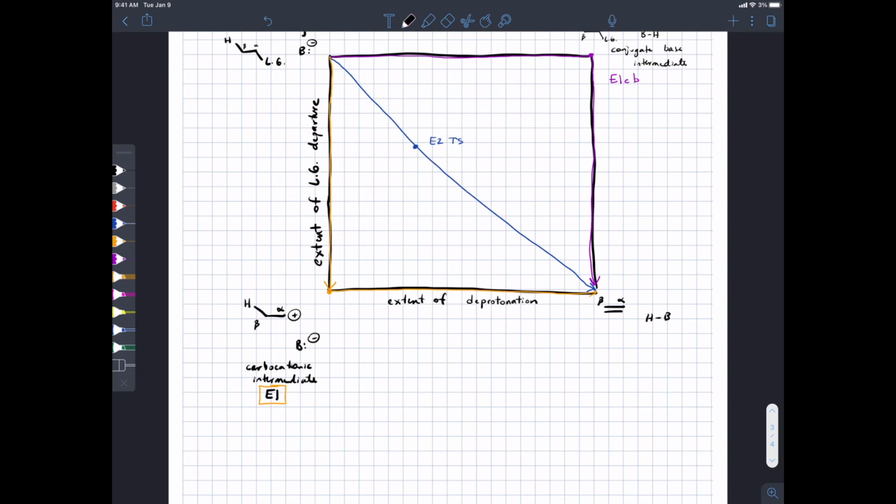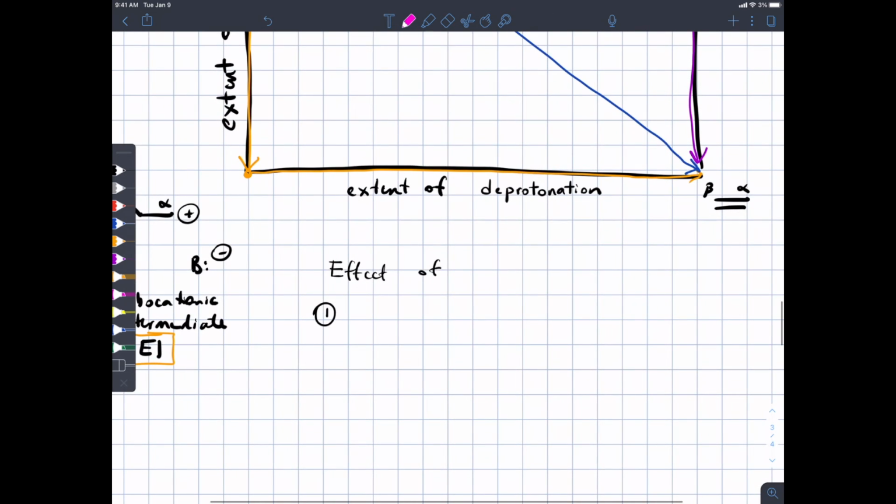All right, so let's examine the effect of a stronger base.